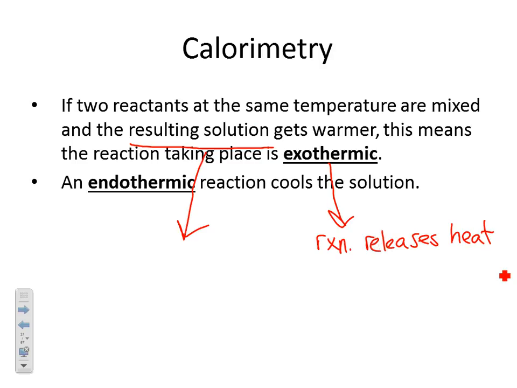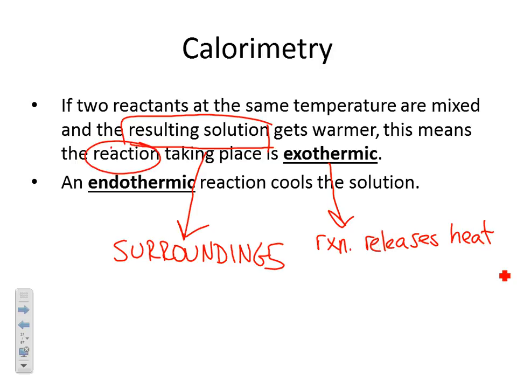So the resulting solution, that's your surroundings. The reaction that's taking place is the system. But the solution itself, think about it, the main component of every single solution that we're going to look at in AP chemistry is water.